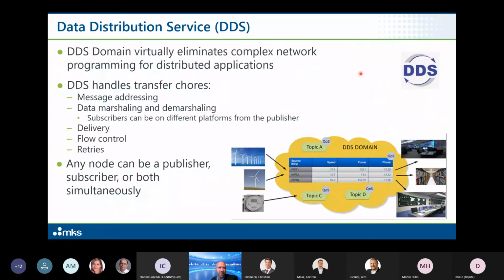So some of the backbone of DDS, you can again see the iconic cloud here. DDS works in very complex networks. With a lot of the other IoT protocols, you have a lot of work to do to set up what's called quality of service.